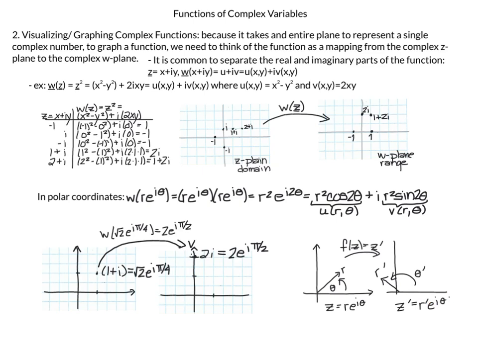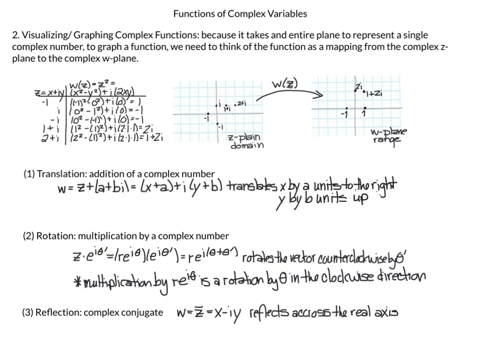I should put a prime here, my new theta. And there's something interesting about this theta here and a theta here. When you multiply by a theta, what you end up doing is rotating. Because what else would theta do? So let's look at that next.